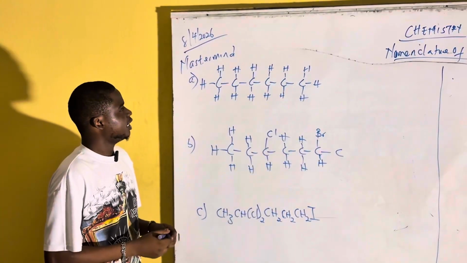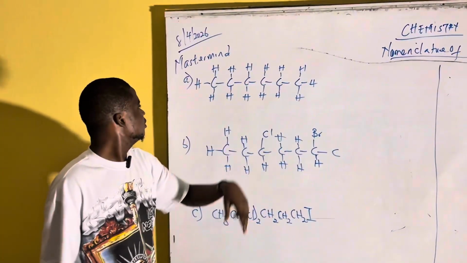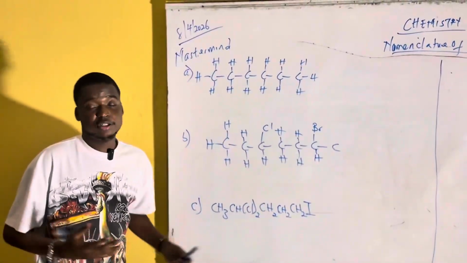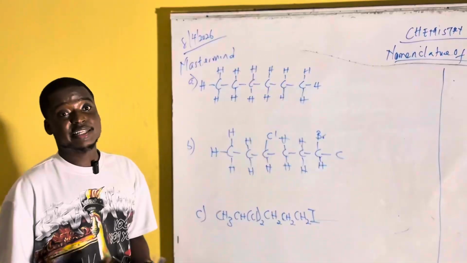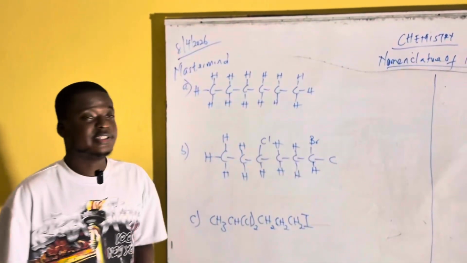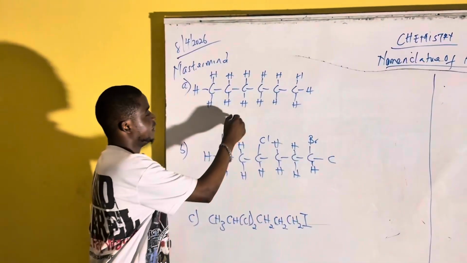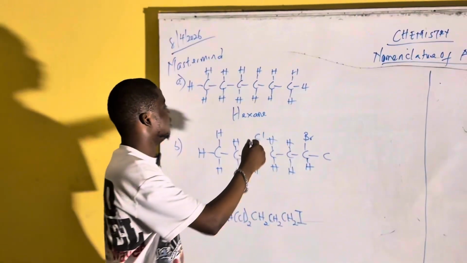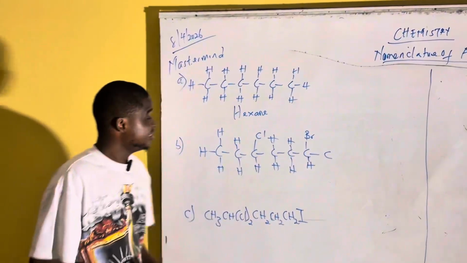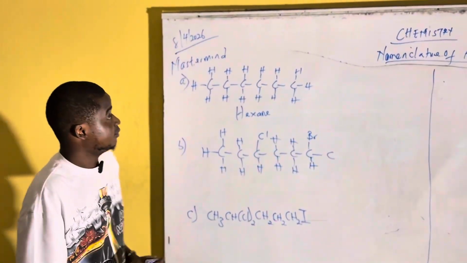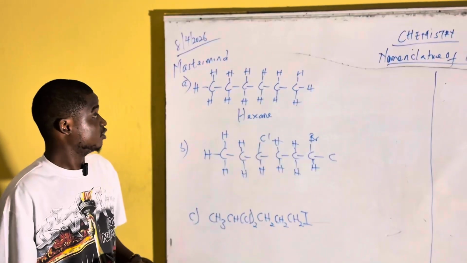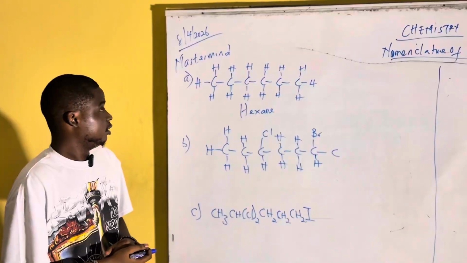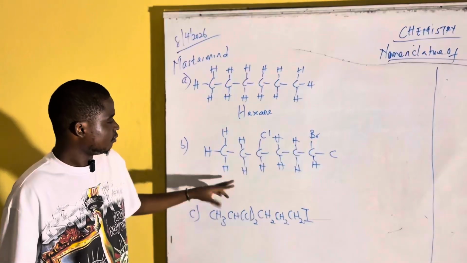So the longest chain here is just 6 carbons, and in one of my videos I've taught you the parent names of alkanes. The parent name of a 6-carbon alkane is hexane, with the molecular formula C6H14.